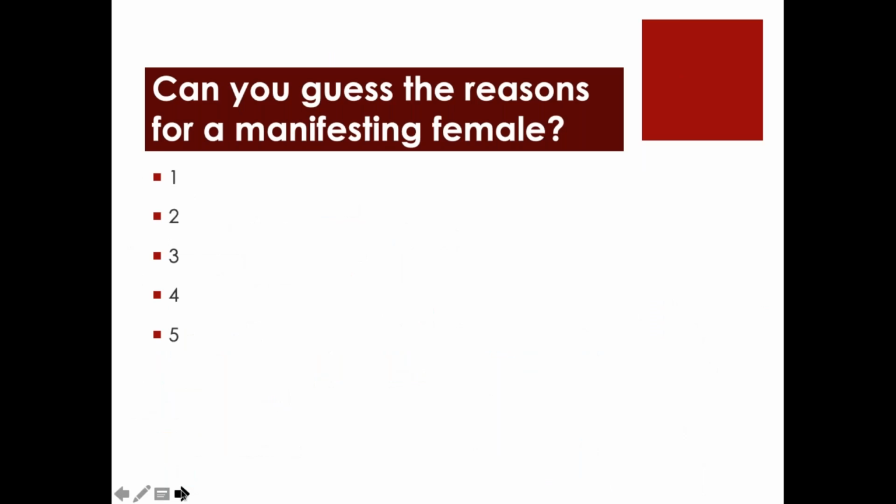When can you get a manifesting female? Many said Queen Victoria. Yes, the first answer is correct. Anisha and Tusham Srivastav are both saying lionization. Yes.